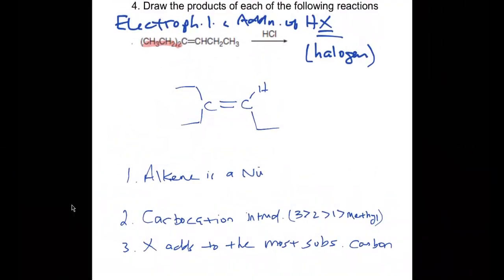All right, so when I take this and react it with HX, in this case HCl, what if the alkene is the nucleophile? What's the first thing that happens?